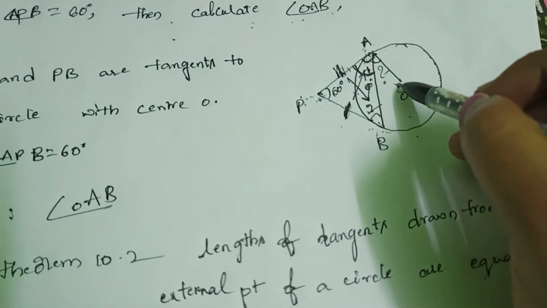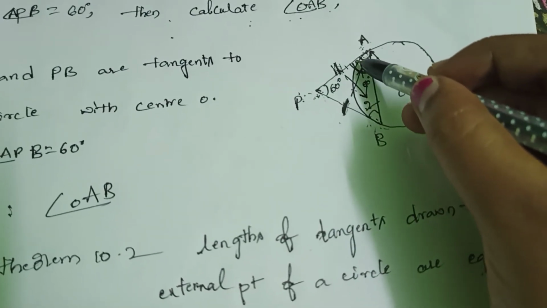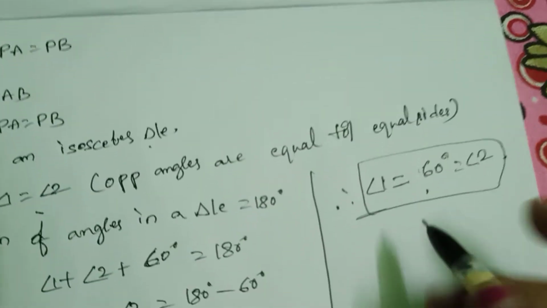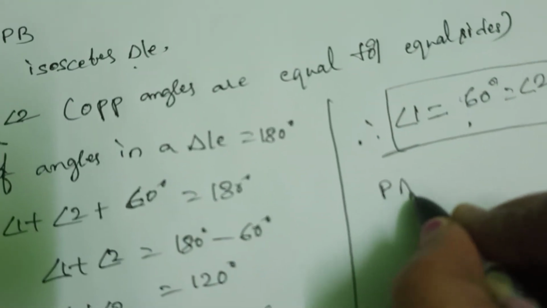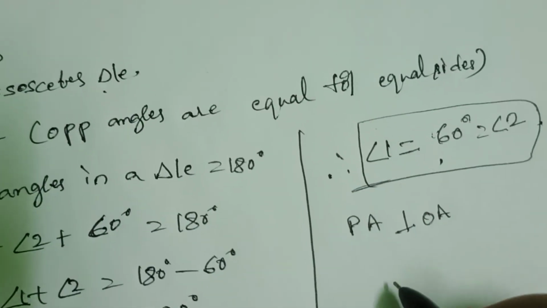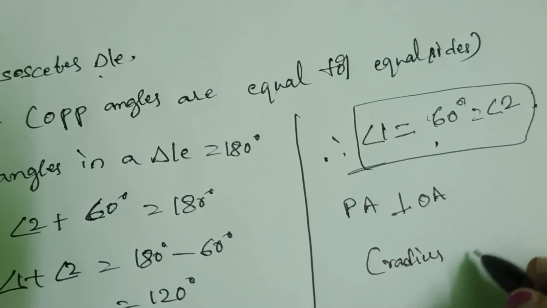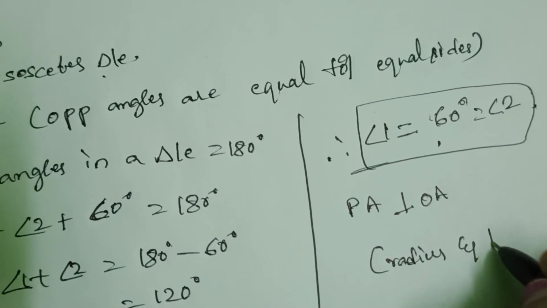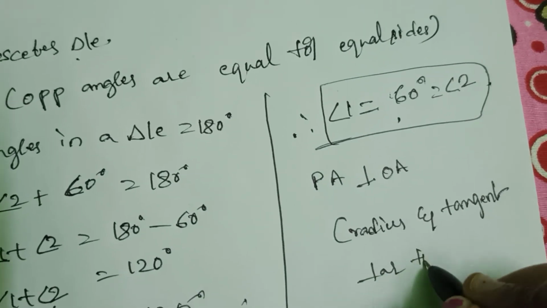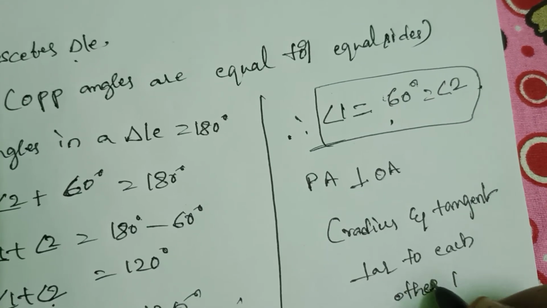Here OA is perpendicular to PA through the point of contact at A. So PA is perpendicular to OA. Why? Radius and tangent are perpendicular to each other through the point of contact.